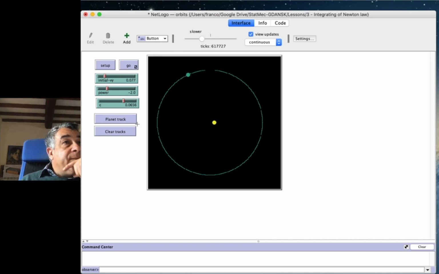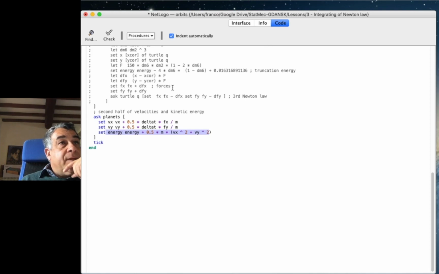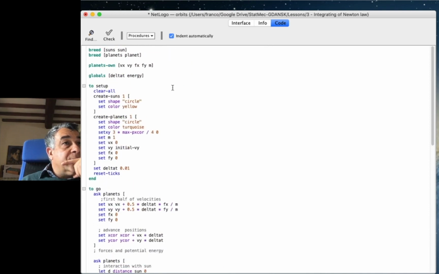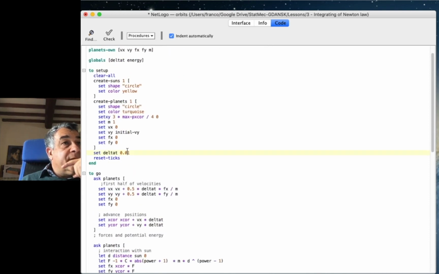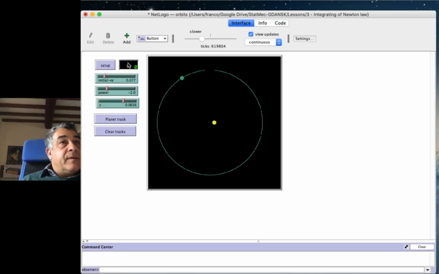And clearly delta t may be too much. I can also decrease delta t, so I have a more accurate projected, but they are the same.